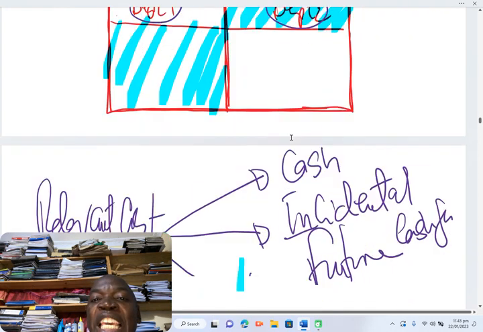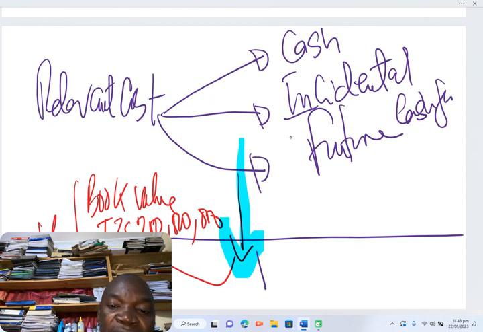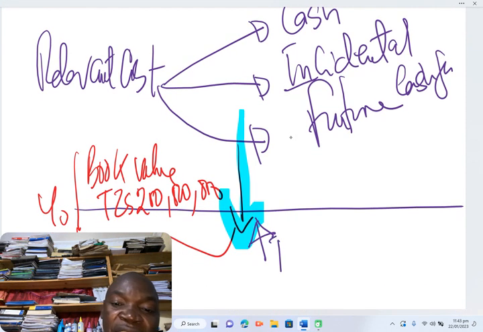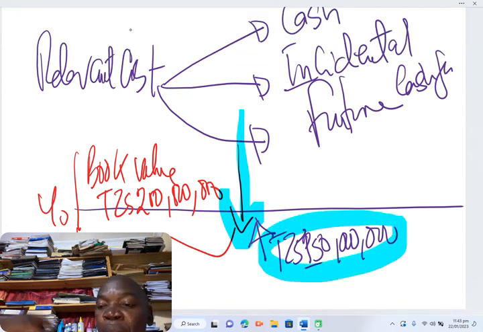Therefore, for the initial investment of this machine, it has a historical cost of 200 million, but the current disposal value is TZS 150 million. This current disposal value is what we are going to consider as the initial investment.